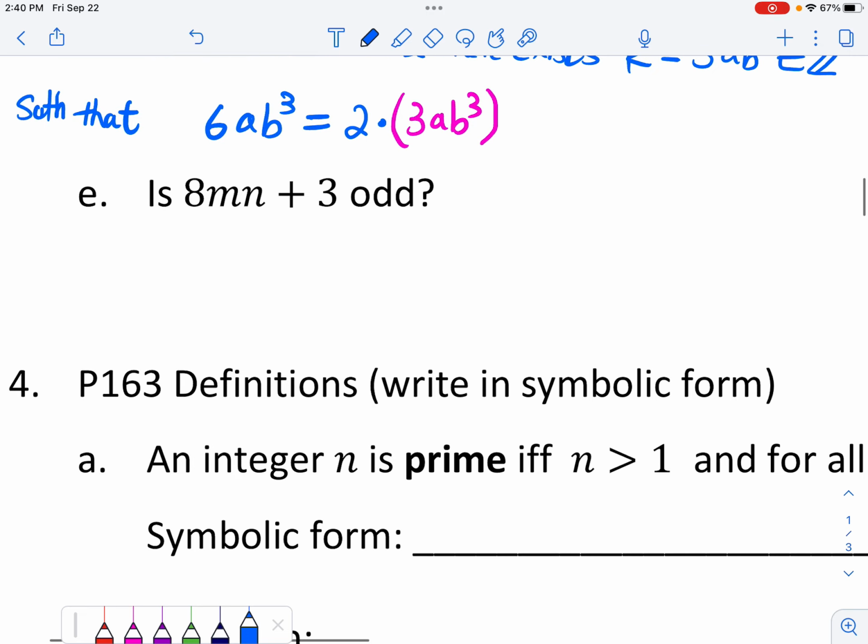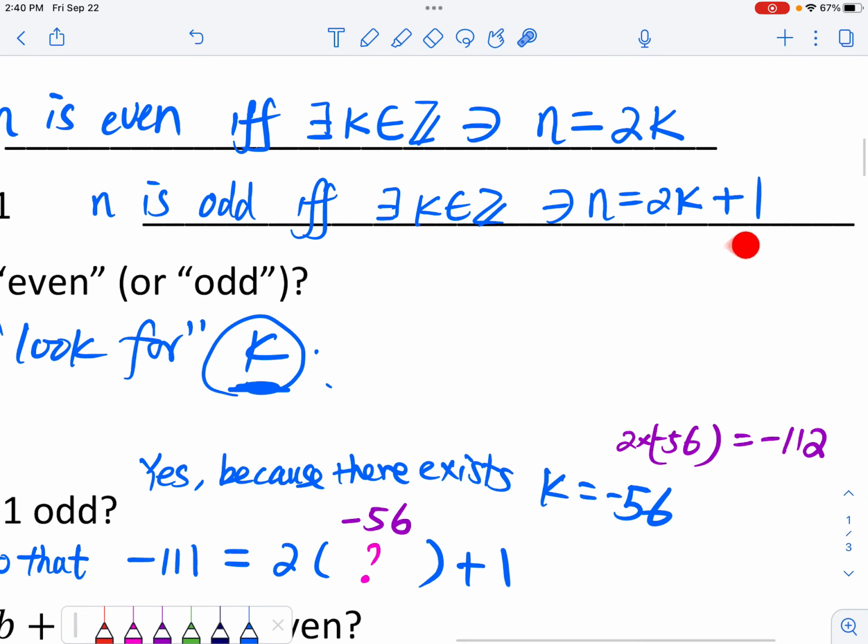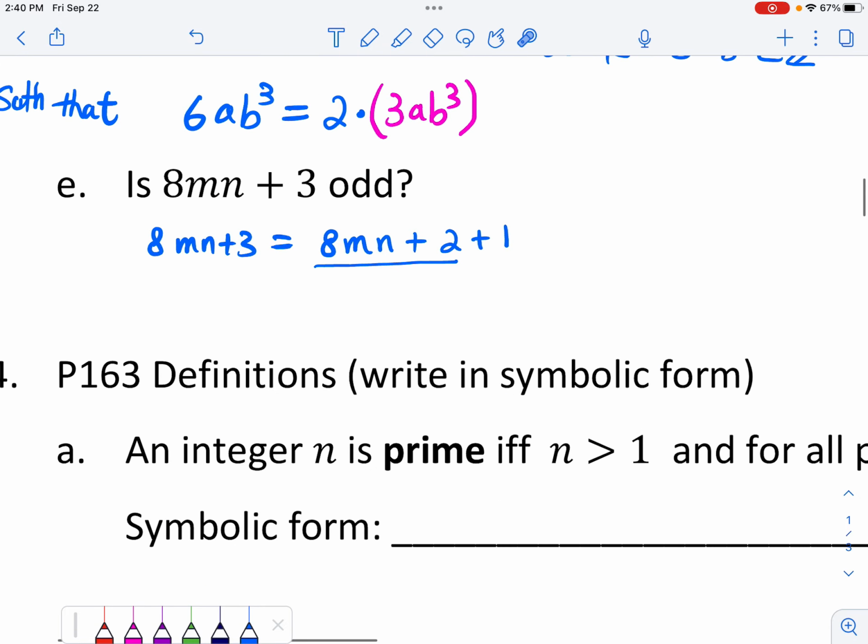So I feel like yes, this is going to be odd because this is equal to 8mn plus 2 plus 1, right? And the reason I isolate the 1 is because I'm trying to make this look like 2k plus 1. I need to look for a k. That's the action that I have to take.